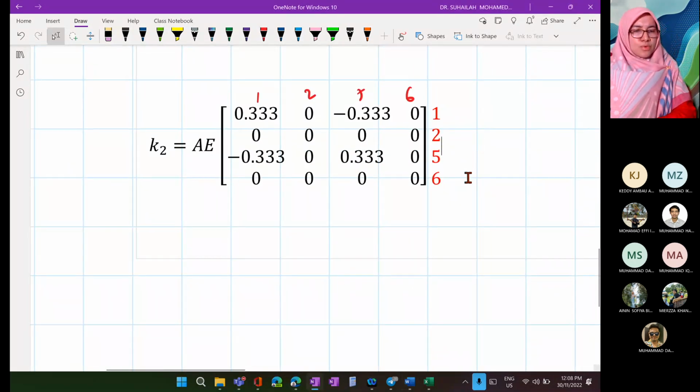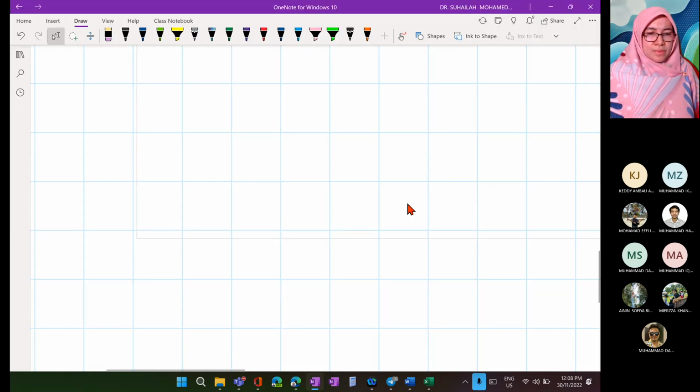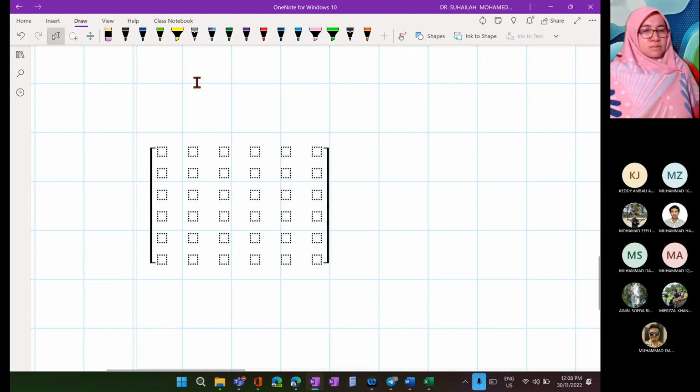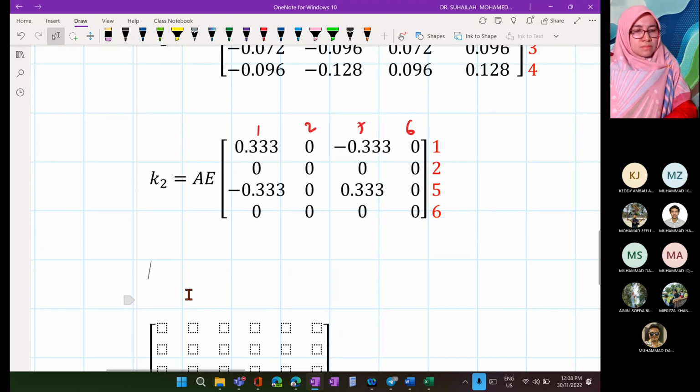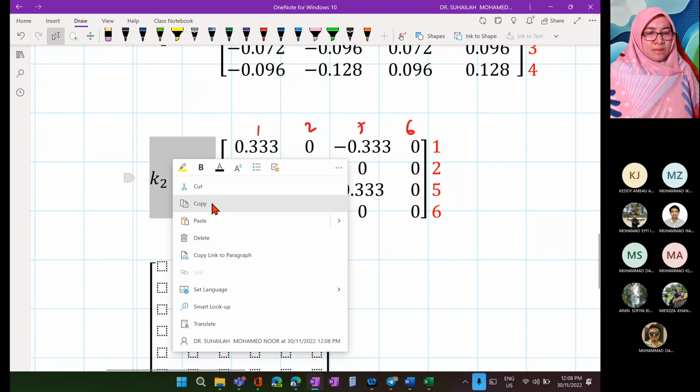Okay, so now we will have stiffness matrix. Means that we will combine K1 and K2.